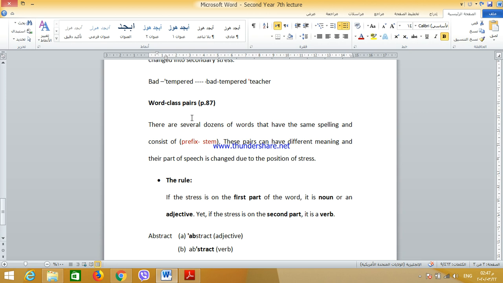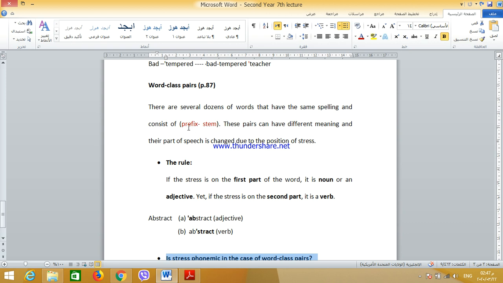What are word claspers? Actually, we have some pairs of words in English, actually dozens of words, which consist of a prefix plus a stem, and these words may change their meaning and their part of speech, the grammatical category, due to the change in the position of stress.